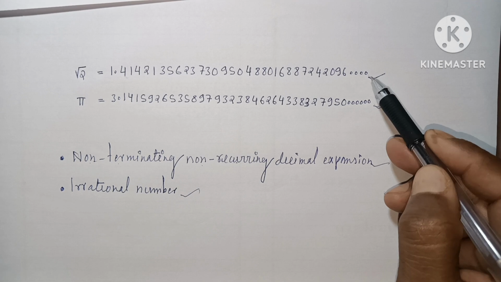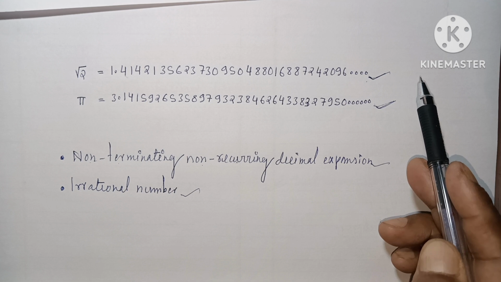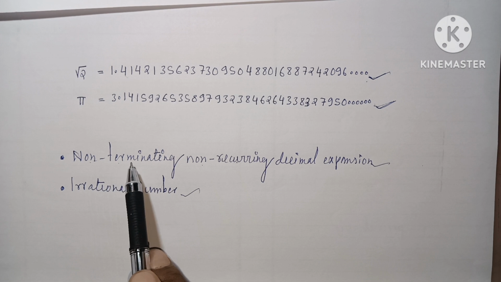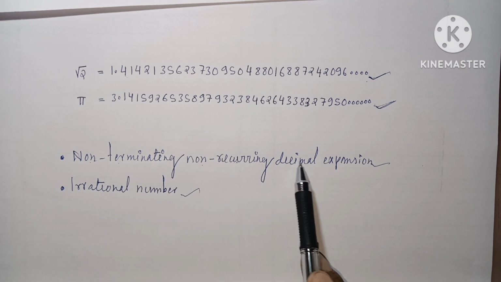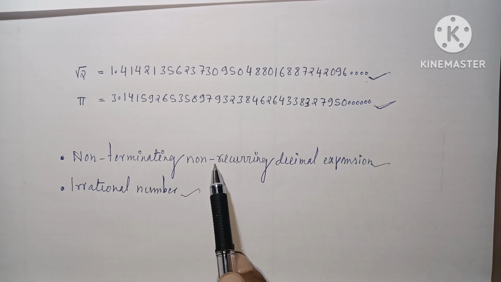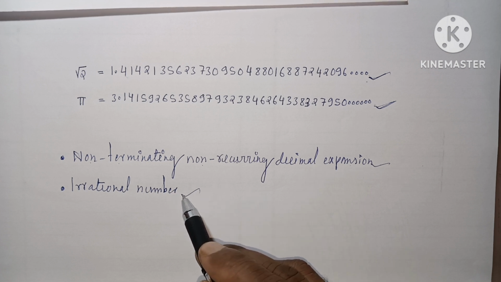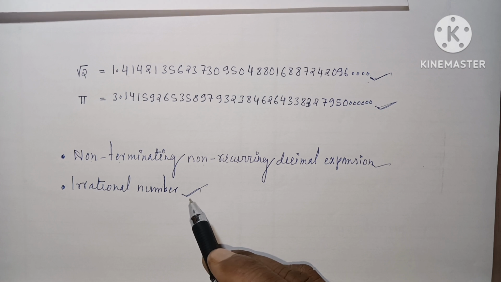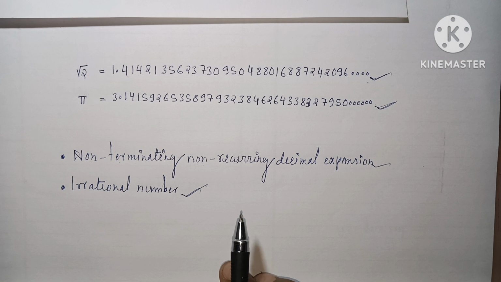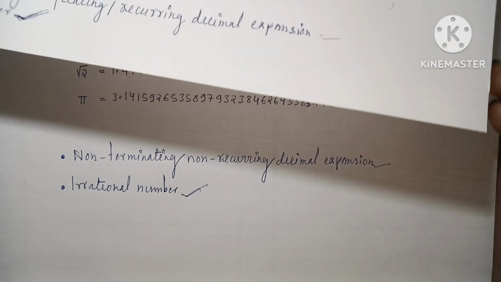This decimal expansion is not terminating and not recurring, so it is called a non-terminating non-recurring decimal expansion. Such a decimal expansion is called an irrational number. These are the different cases of decimal expansion and their consideration as rational or irrational numbers.